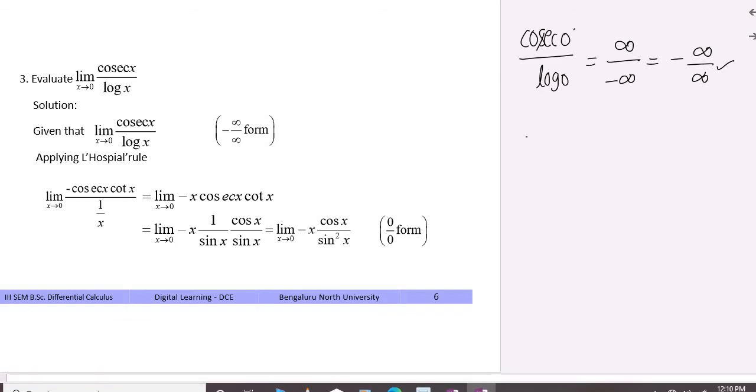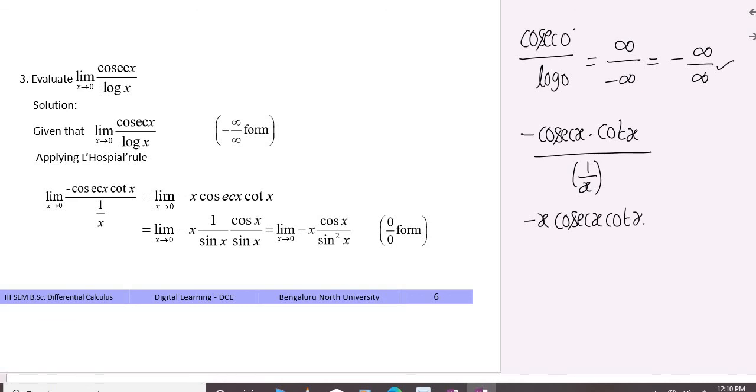Differentiate numerator and denominator separately. So, differentiation of numerator is minus cosecant x into cot x. Differentiation of denominator is 1 by x. That means minus x into cosecant x into cot x.